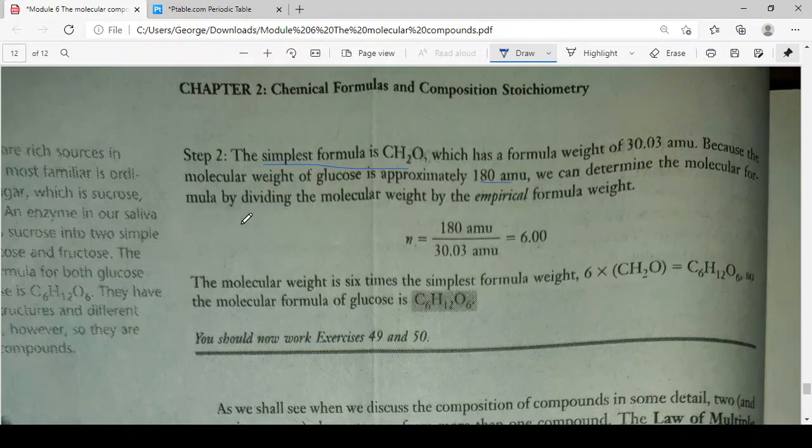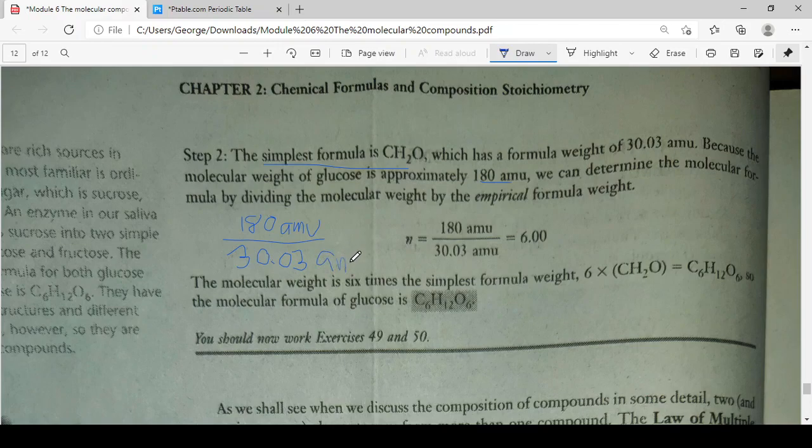So simply divide the given molecular weight of glucose by its empirical or simplest formula weight of 30.03 AMU.